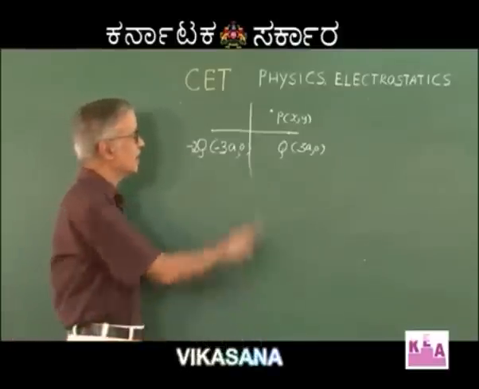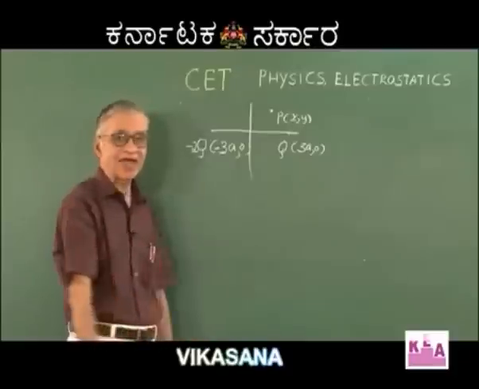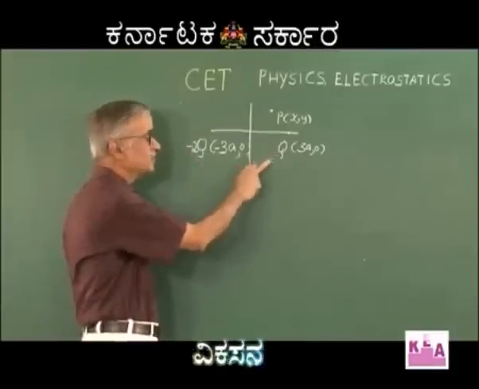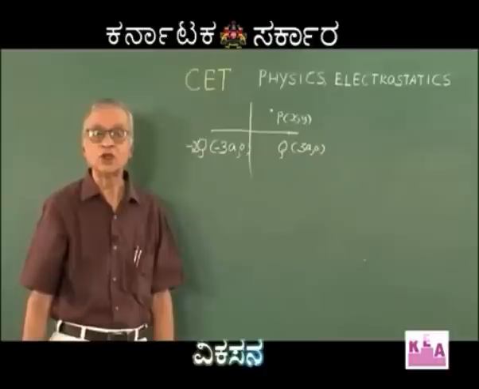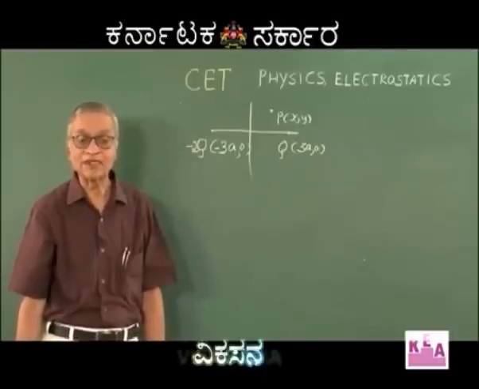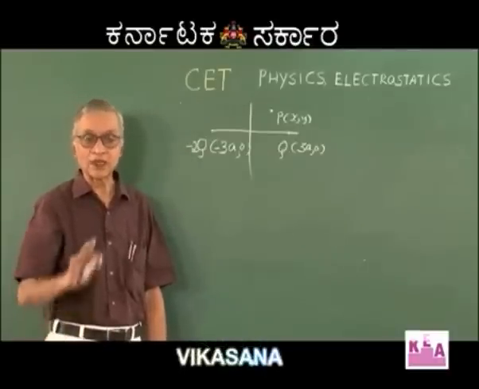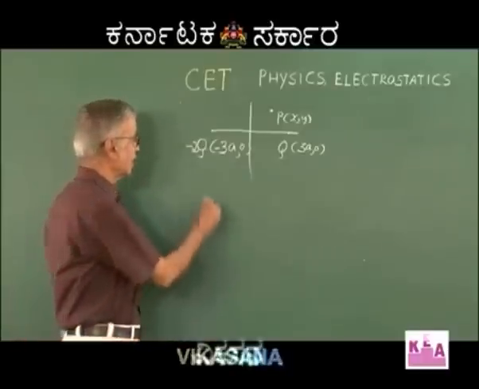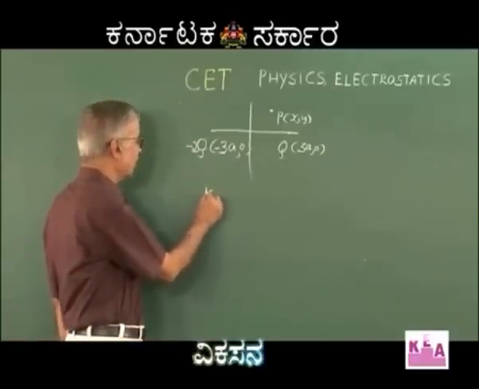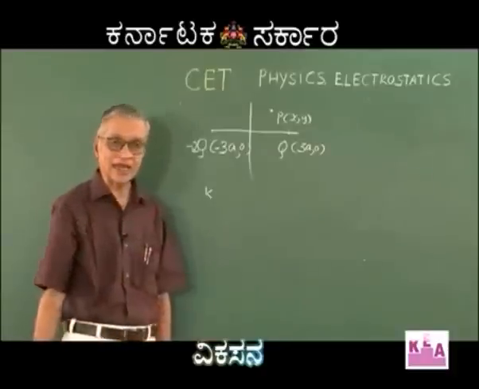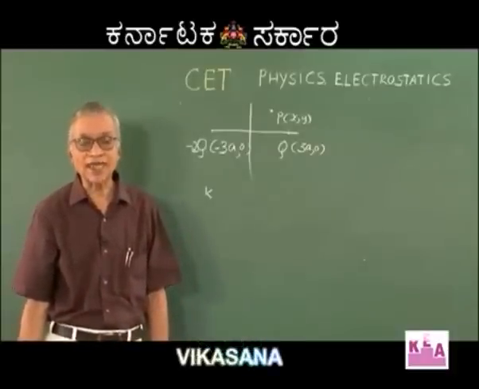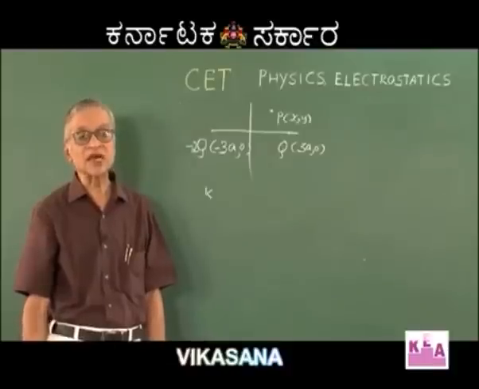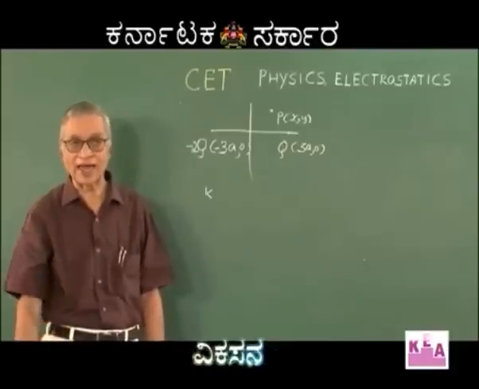In the sense, if the net potential at P is 0, potential due to this charge and this charge are numerically equal but opposite in sign. Ignoring the sign, if you keep them numerically equal, then the charge is K. Remember, in electrostatics, small k stands for 1 upon 4 pi epsilon 0, that is 9 into 10 to the power 9.